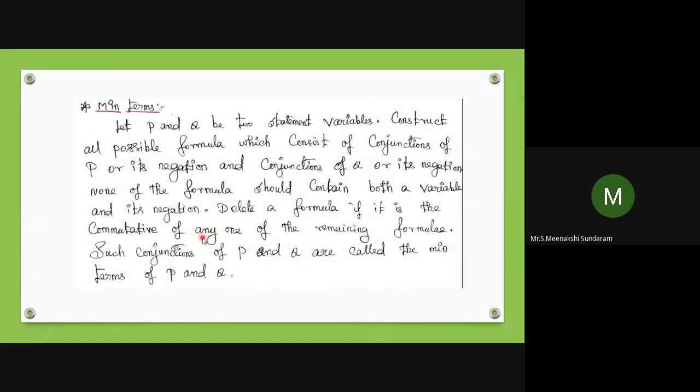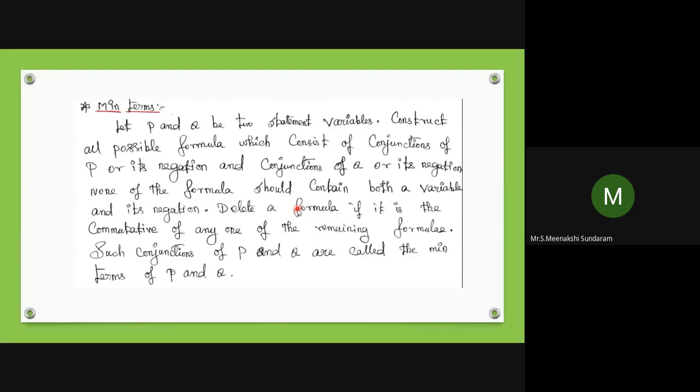If P is true, then you can write P. If Q is true, then we can write Q. That is a P and Q statement. Construct the formula as conjunction. P conjunction Q consists of conjunction of P or its negation and conjunction of Q or its negation. So min terms meaning conjunction will come. Max terms meaning disjunction will come.